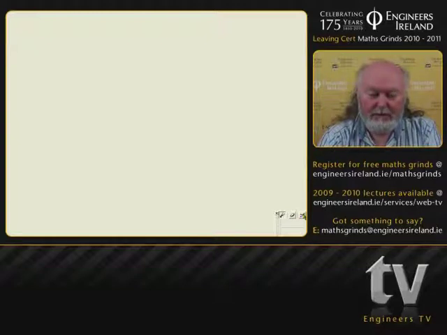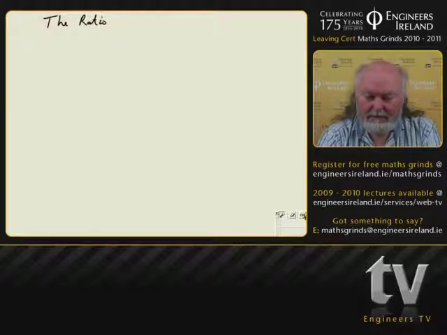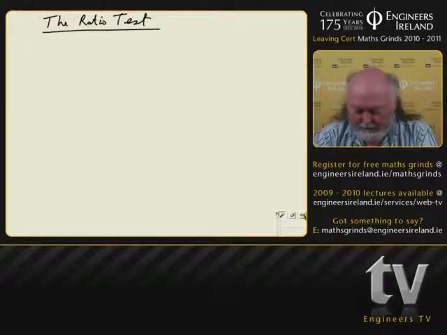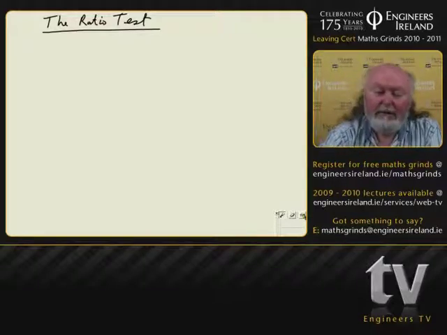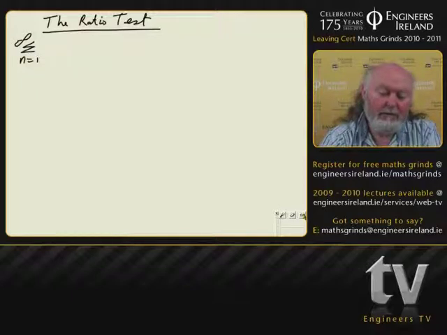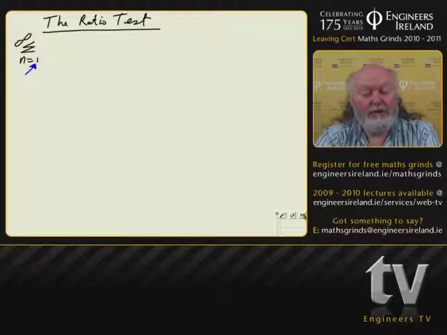What we're going to work on is something called the ratio test. If we have some series, by the way, whenever you see a series written, always take particular note of the first one. This is saying it's a sum.